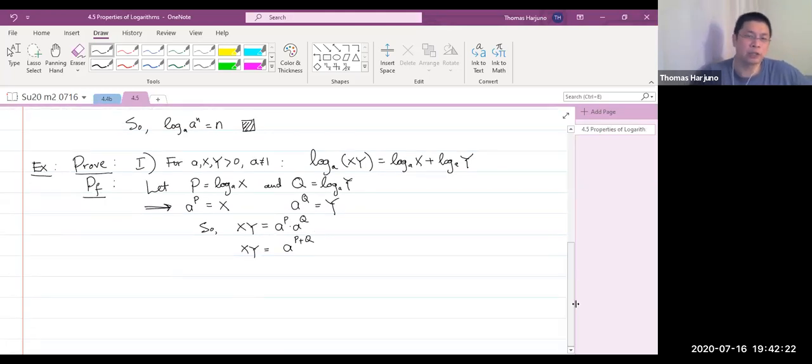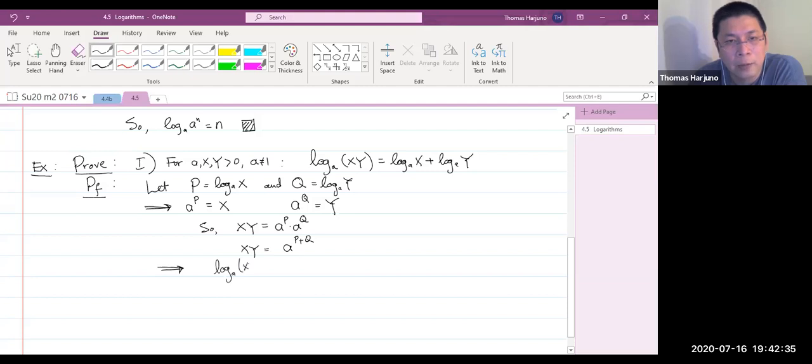Now this is exponential form, by the way. Change it to log form. Then log base a of x times y equals p plus q, which consequently, if I substitute p and q back to what I originally let them be, is log base a of x plus log base a of y. Therefore, that's the end of the proof.